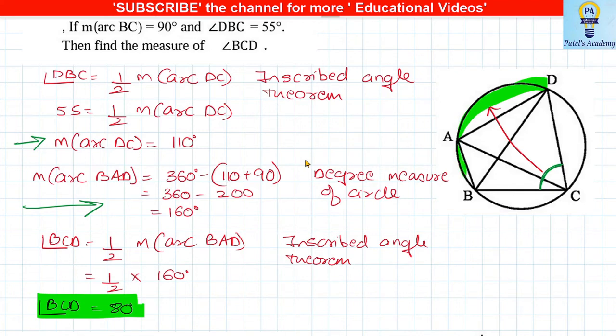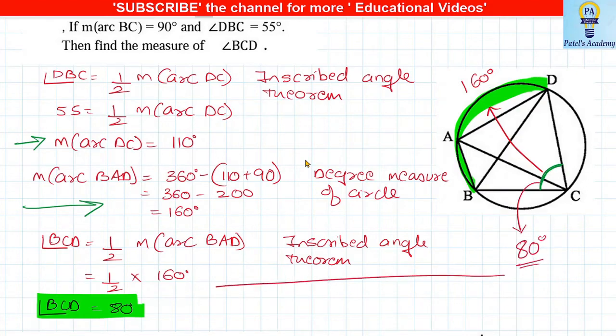Arc DAB, half of this arc. And this arc we already found as 160 degrees. So half of 160 is nothing but 80 degrees. That is the step I've done here. Students, you can pause the video and take down the steps anytime. An important sum.